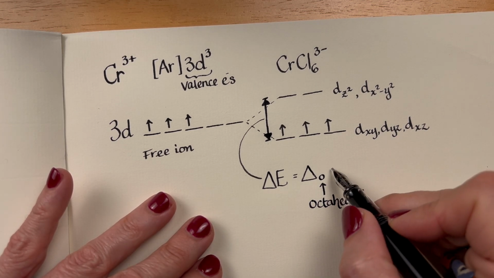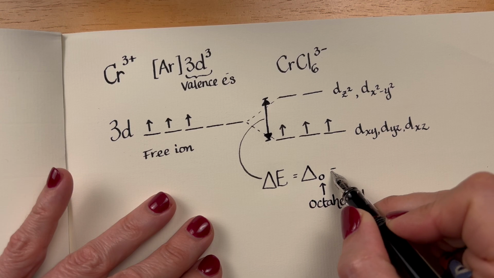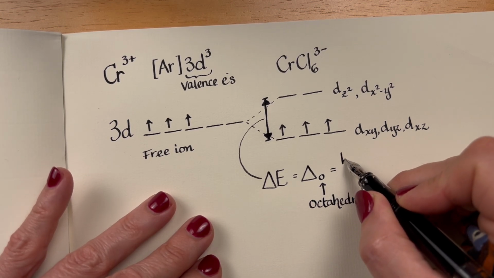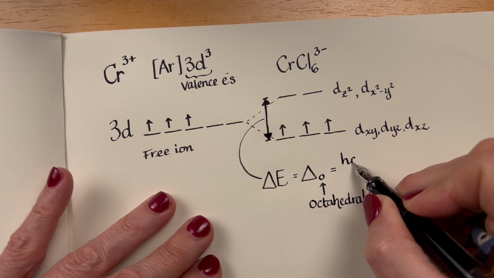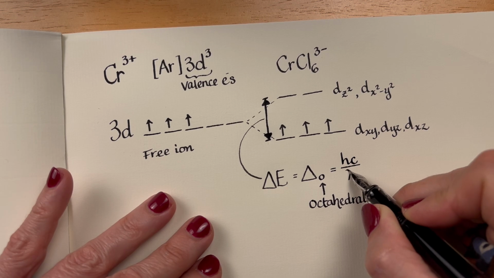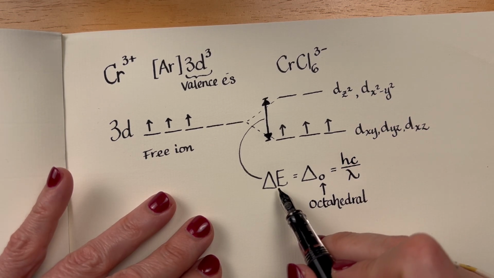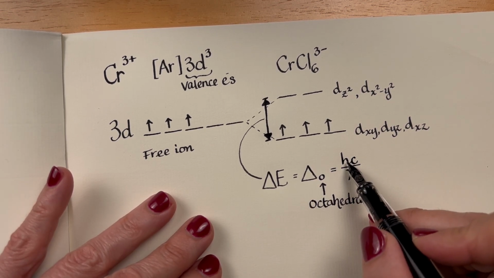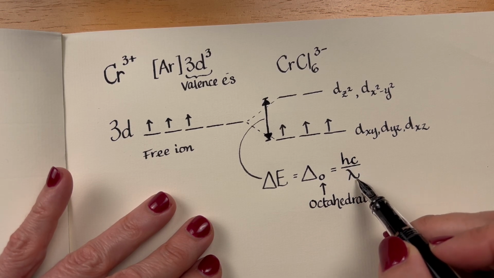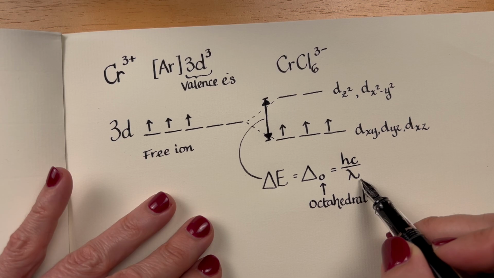Okay. But notice that this could also be equal to the energy of a photon, which is equal to Planck's constant times the speed of light divided by the wavelength of the light.